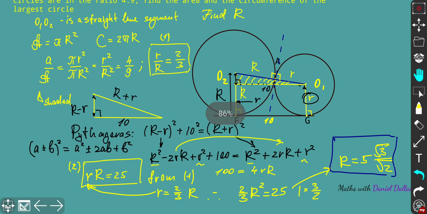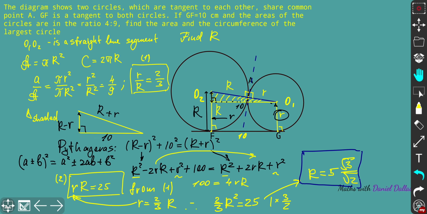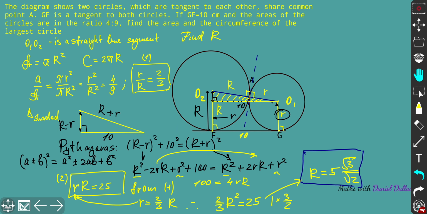Now we can go back to the area and the circumference. Just plug in. Area is going to be pi times R squared, which is 25 times 3 over 2, so 75 pi over 2.